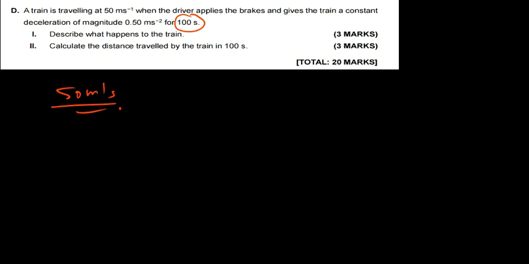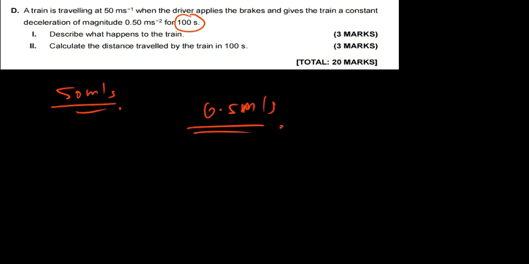So what was happening was, every second, the train was now moving with a speed change of 0.5 meters per second.